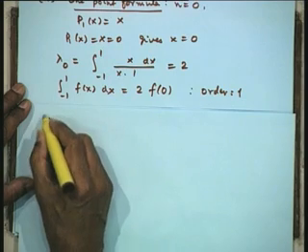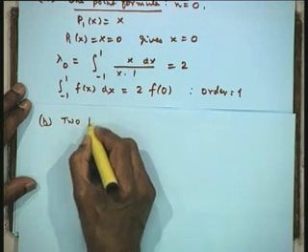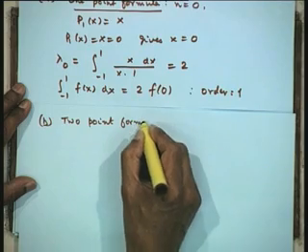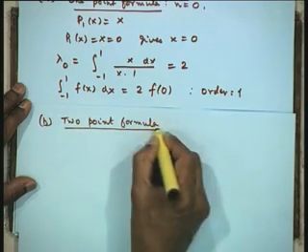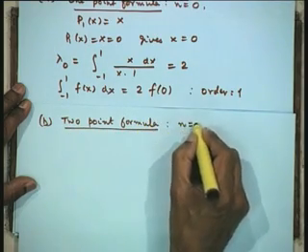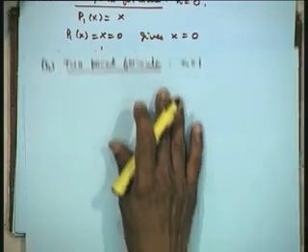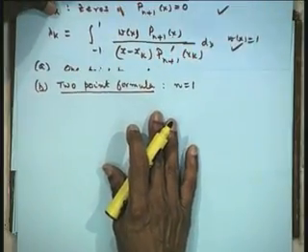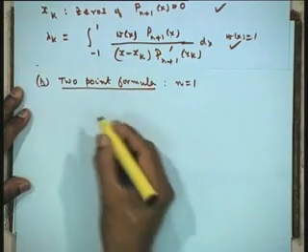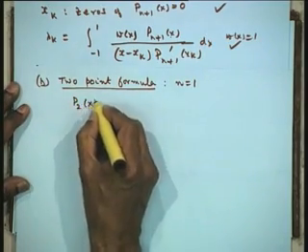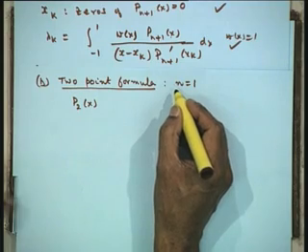Let us take a 2 point formula. So, then I will have n is equal to 1. Therefore, I have to choose my p 2 x, p n plus 1, that is your p 2 x.